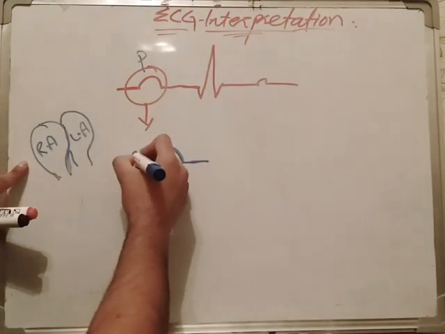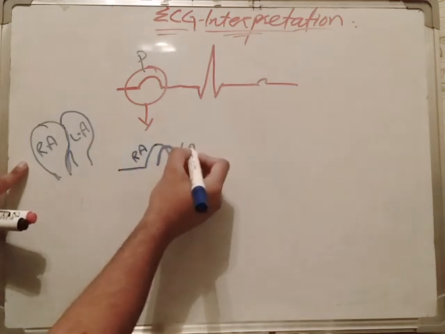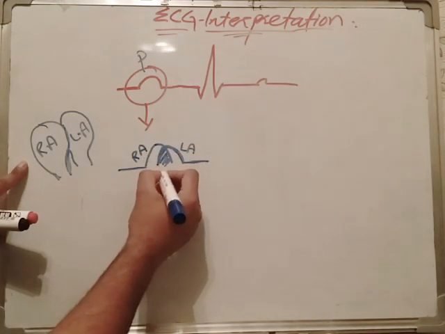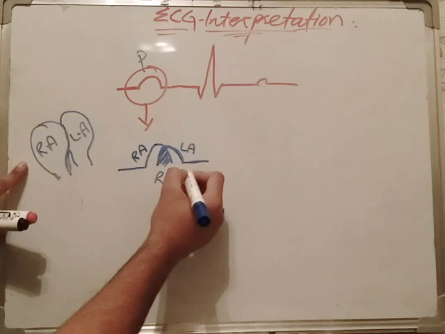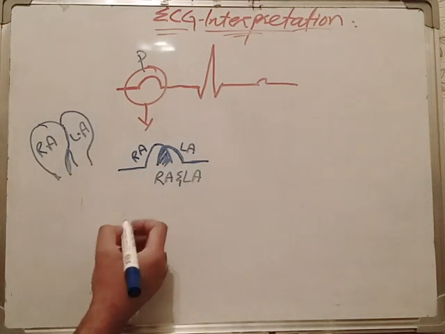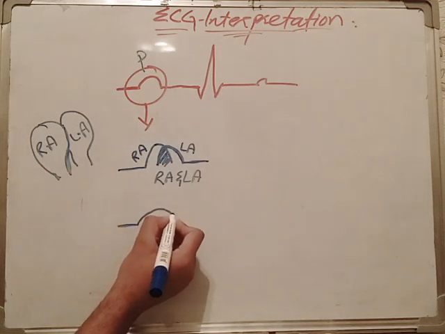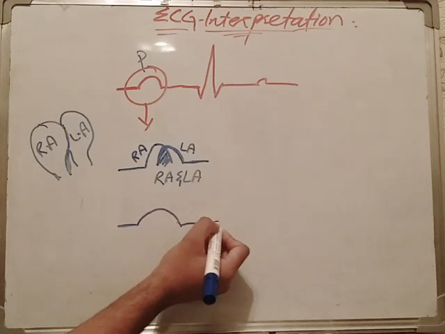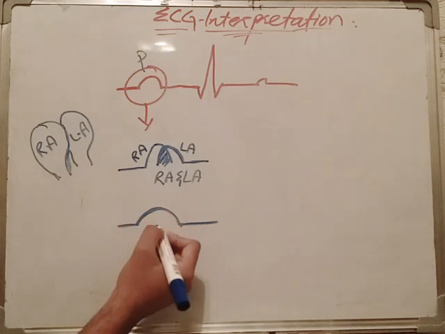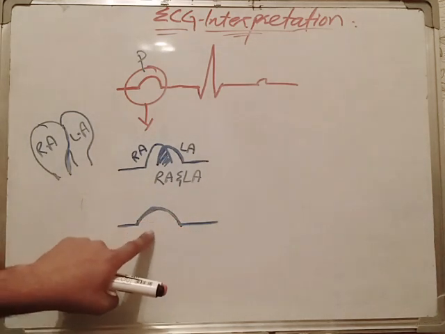And this will be the common right atrial and left atrial depolarization. So we can make a combination of these two waves like this. So this shows the depolarization of both chambers, left atrium and right atrium.